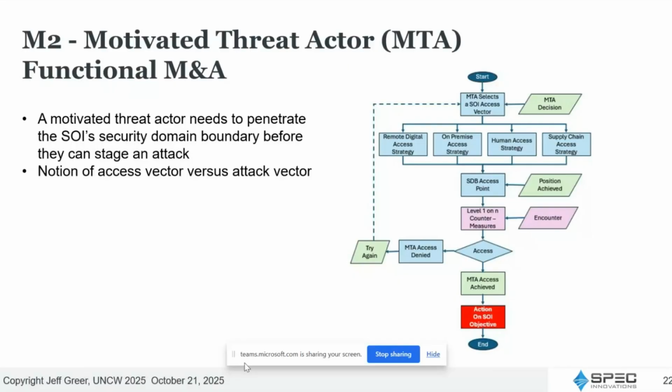They're going to encounter level 1 event countermeasures at that security domain boundary to the extent they exist. If they get access, then they can start their action on objectives. If they're denied, they can go back and try again, right? But the point is, they need to get past the security domain boundary to be able to stage an attack. And you need to think the same way as the threat actor does if you're going to defend against them.